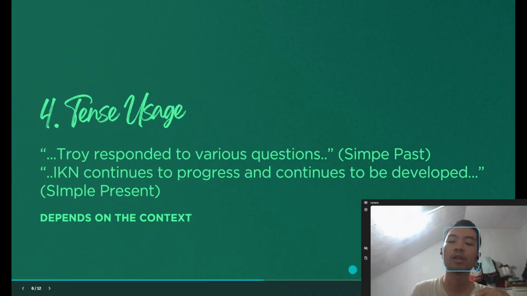I choose simple past because it is a passive form, while ongoing situations may use the simple present tense, like in my translation.